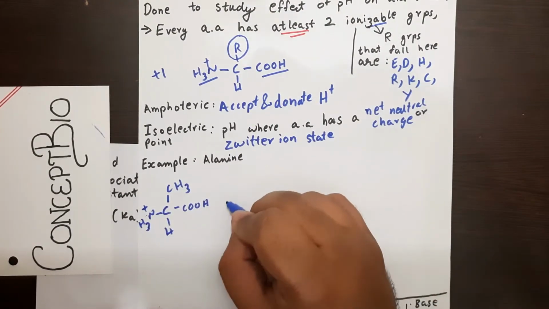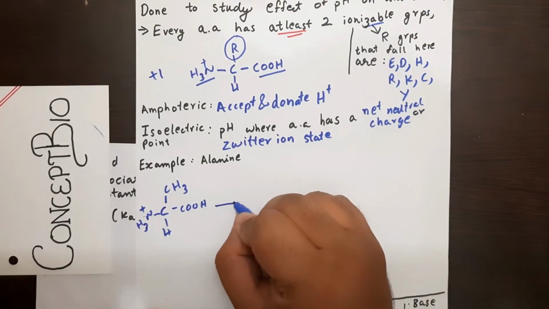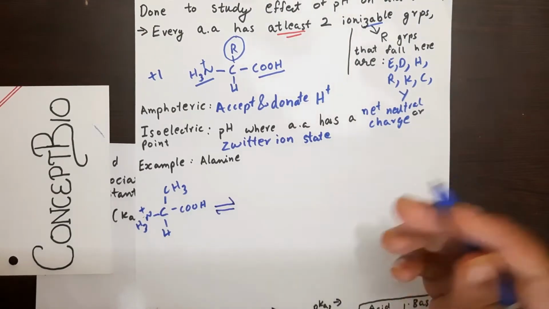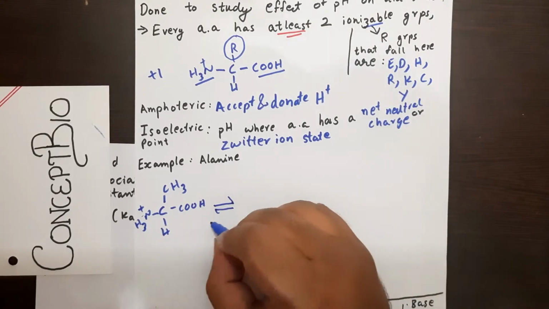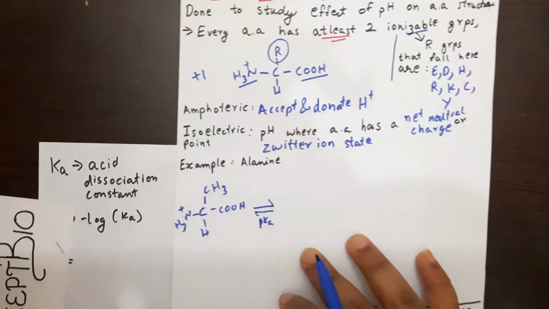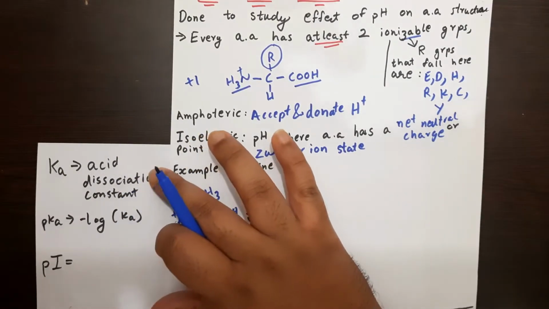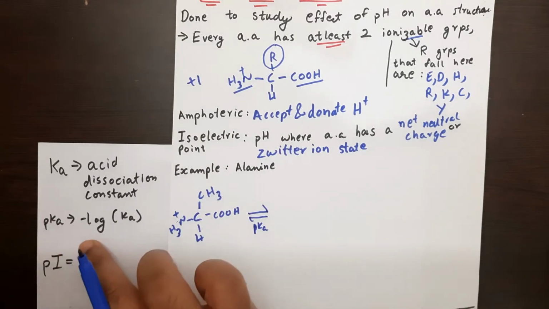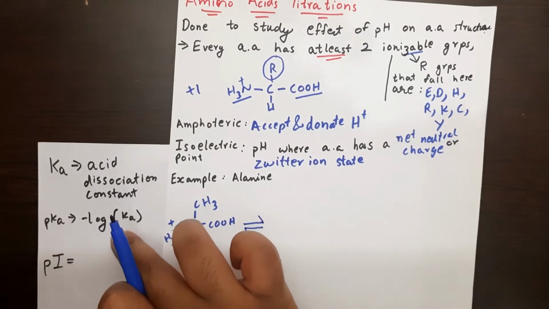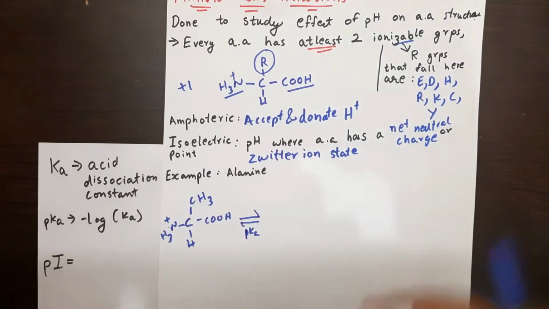One thing that you have to understand is that when we add or change the pH, there's something known as the pKa value for each group. What does pKa value mean? Ka is the acid dissociation constant, and pKa is the negative logarithm of the Ka value.